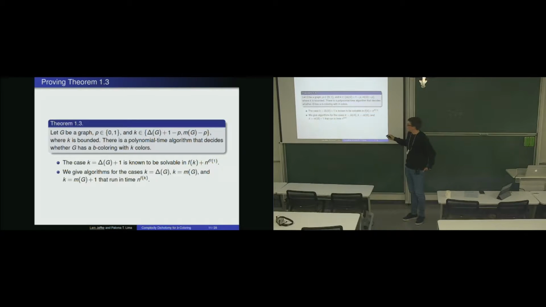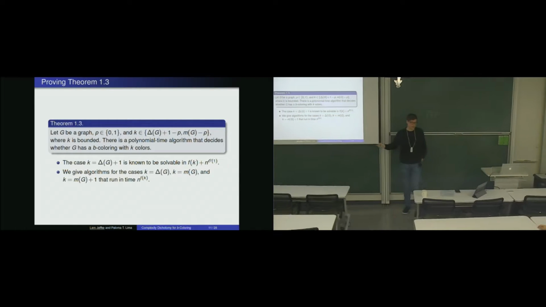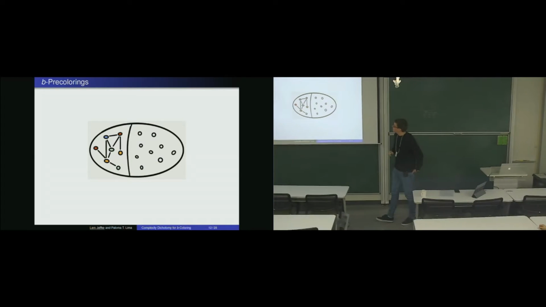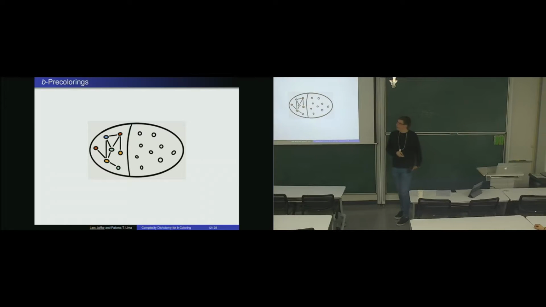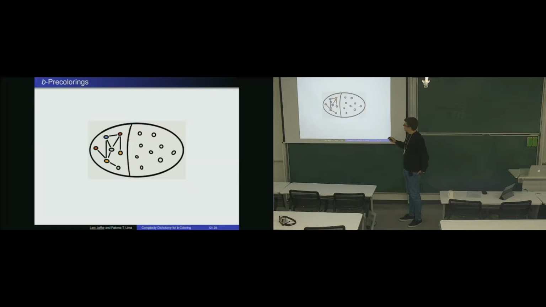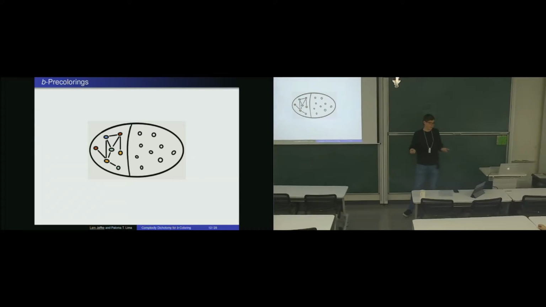But still, if k is fixed, then this will be polynomial. Okay, so to give these algorithms, we just introduced this notion of a B pre-coloring, which is essentially a pre-coloring of some of the vertices of the graph that induce a B coloring.